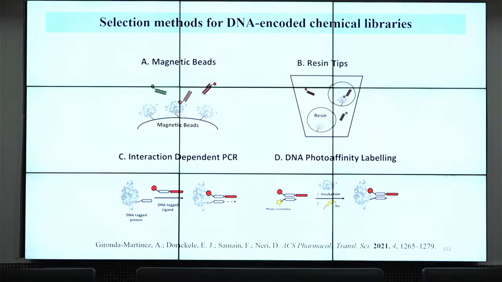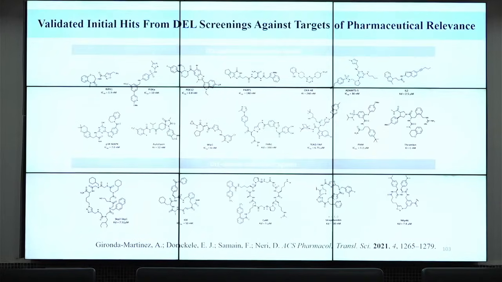This way, the chemical libraries that were there, you can transform into DNA encoded libraries. The process goes on, and accordingly a large number of small molecule ligands and macrocyclic ligands have been coming from the DNA encoded libraries.